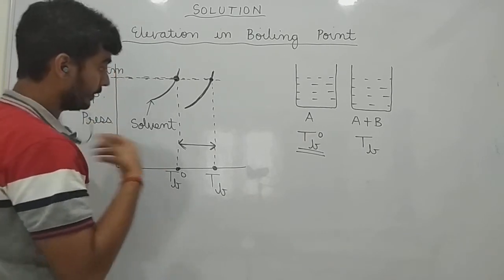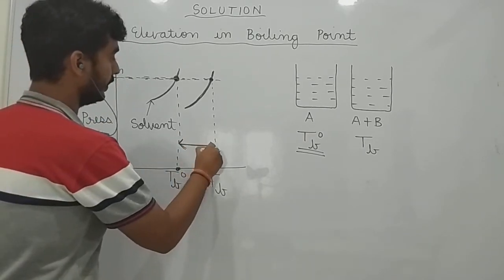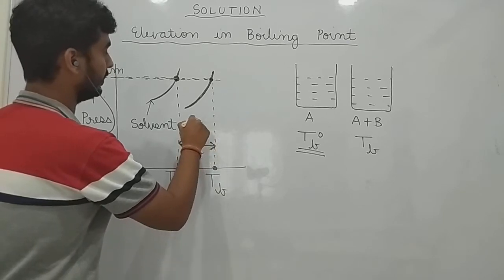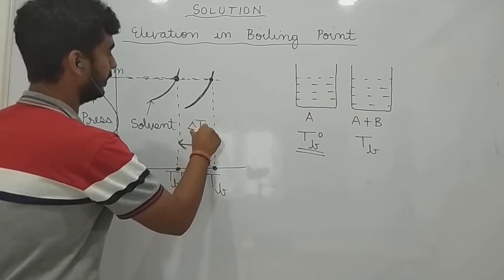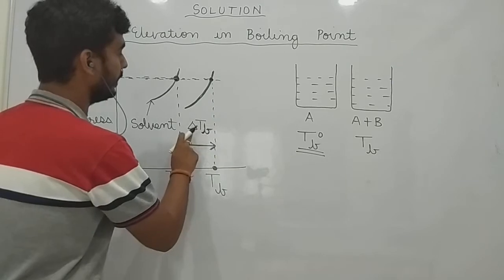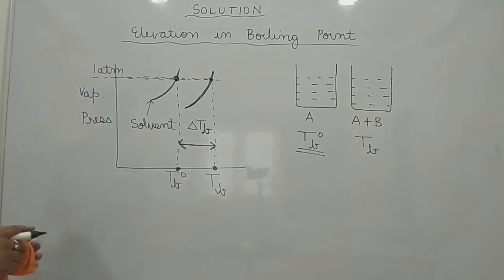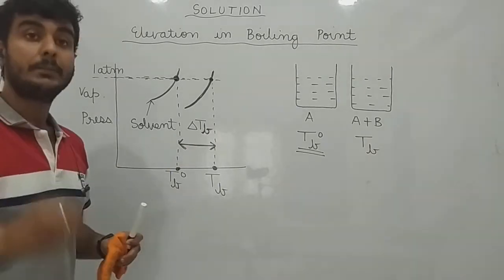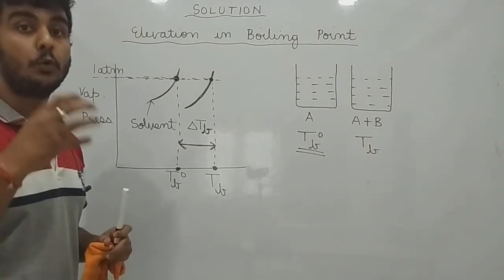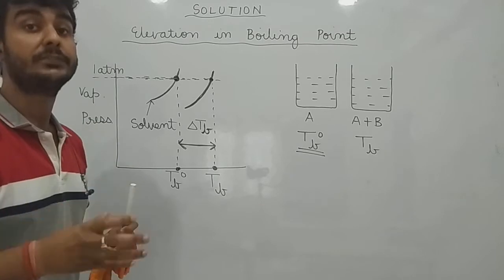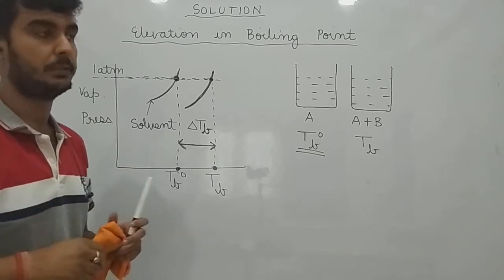So that is known as elevation in boiling point or increase in boiling point. So here this difference is the elevation in boiling point, and this is represented by delta Tb. Now elevation in boiling point is directly proportional to molar concentration of solute in the solution.